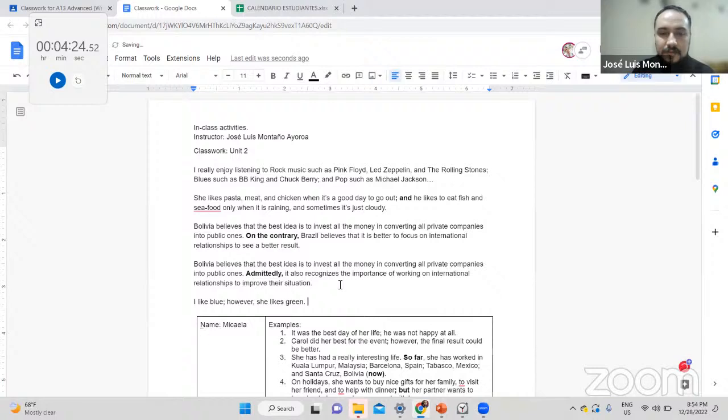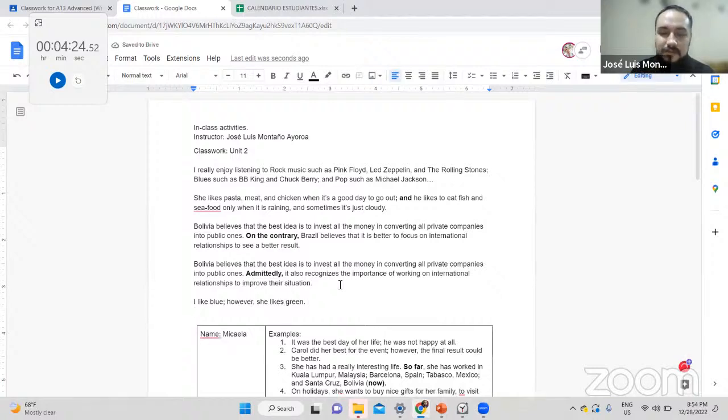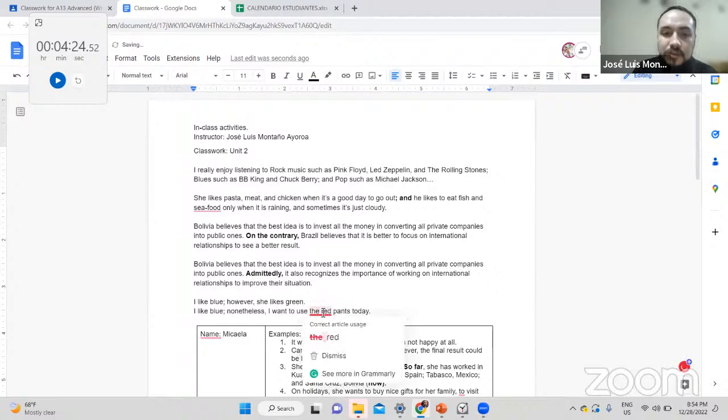That's contrast. But concession is: I like blue, nonetheless, I want to use the red pants today.